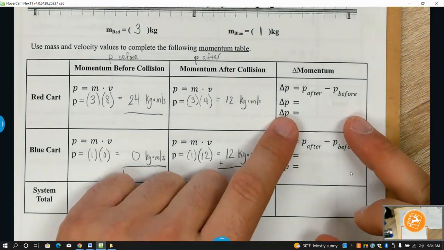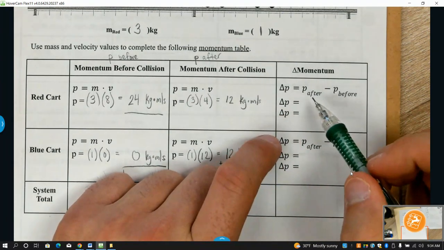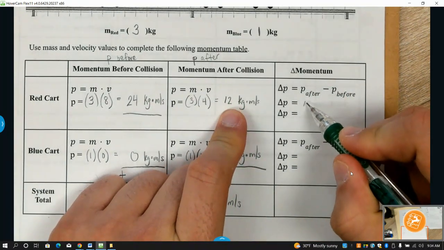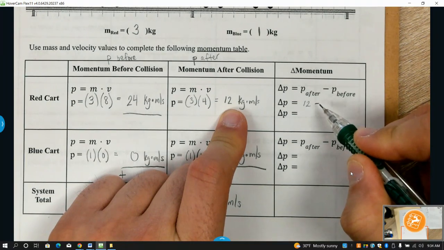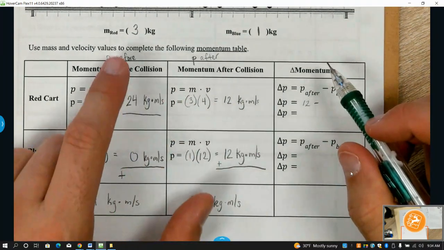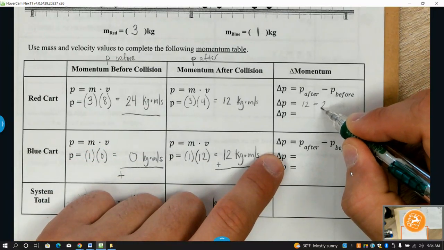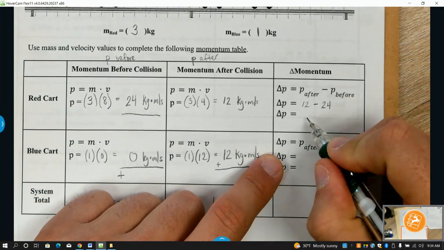Now, what we do here is you do the momentum after, so P after, which I have as 12, minus the momentum before. Momentum before I have as 24. What is 12 minus 24?